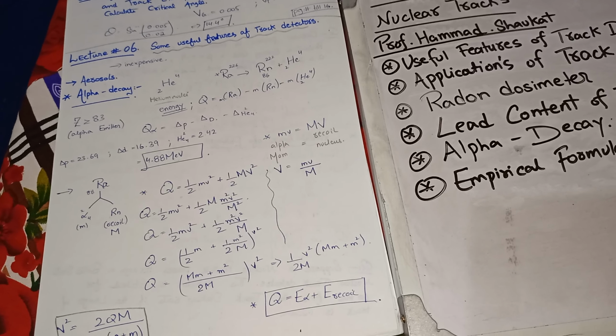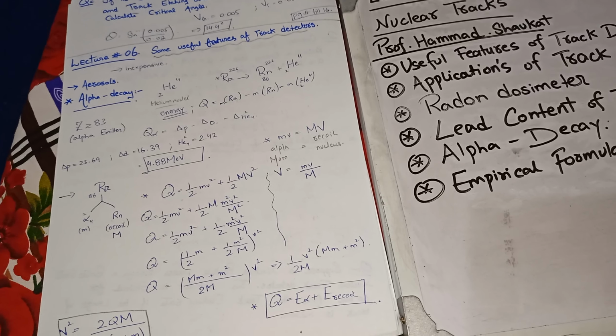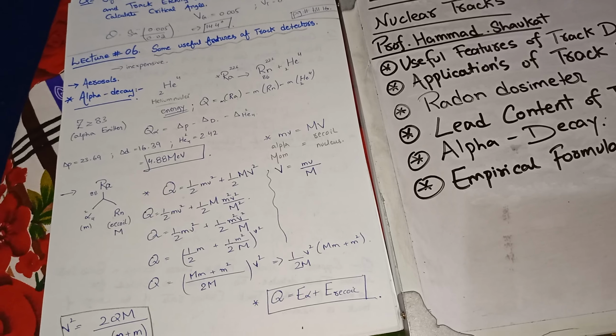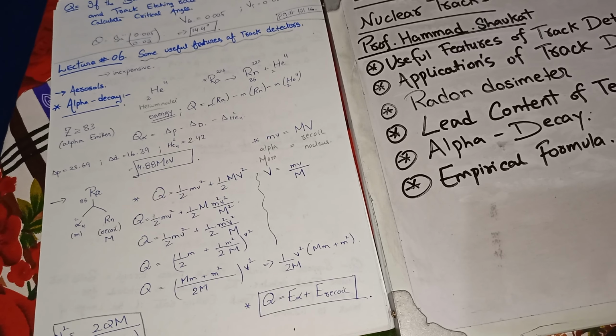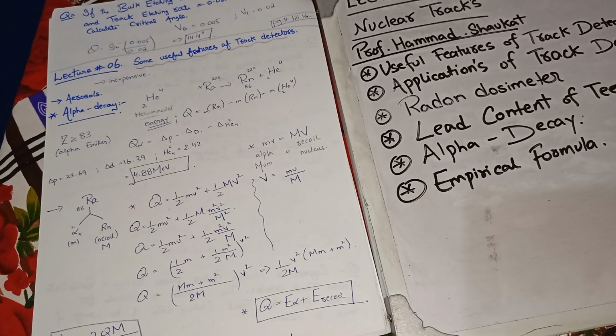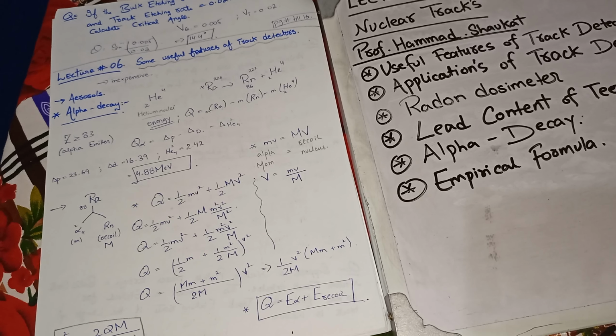The next feature is that they are also insensitive to beta, gamma and x-ray radiations. Very important, because gamma rays and x-rays are highly penetrating, so they are insensitive to these radiations also.